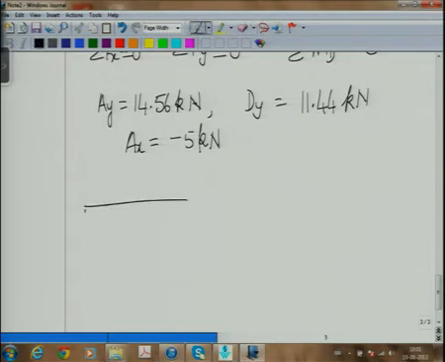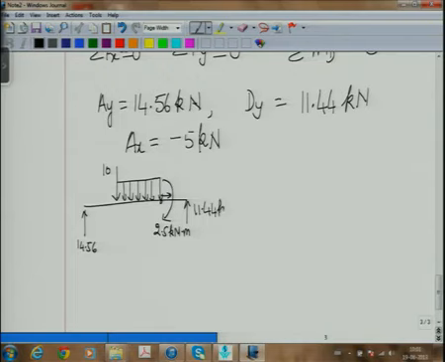So we have this beam, we have the force AY 14.56, then at 1/3 of the distance we have this force of 10 kilonewtons, then we have 2 kilonewtons, then at this point we have a moment of 2.5 kilonewton meter and there is an axial force, and at this point we have 11.44 kilonewtons.